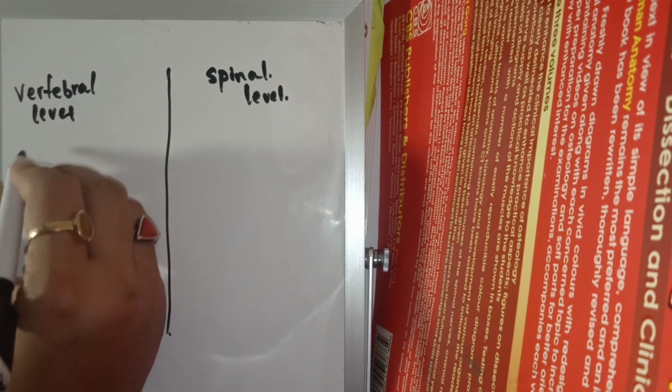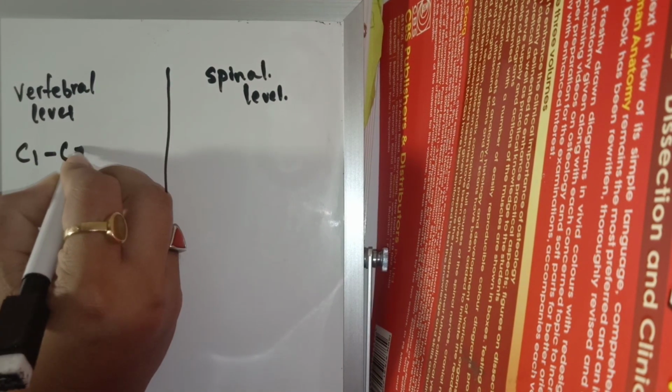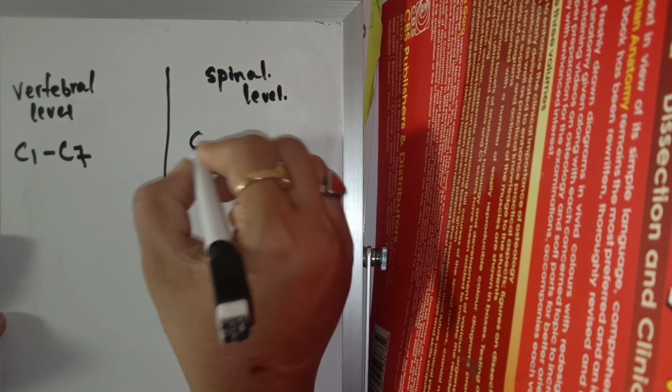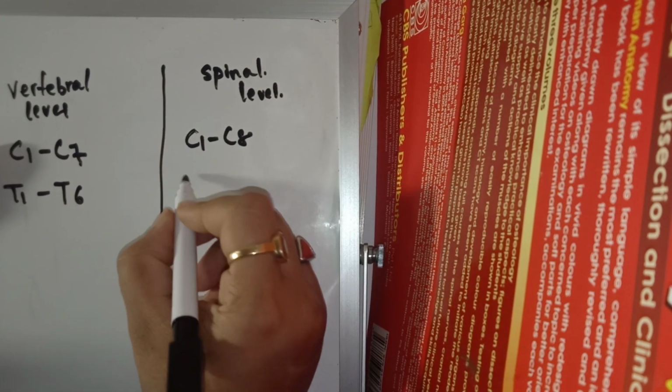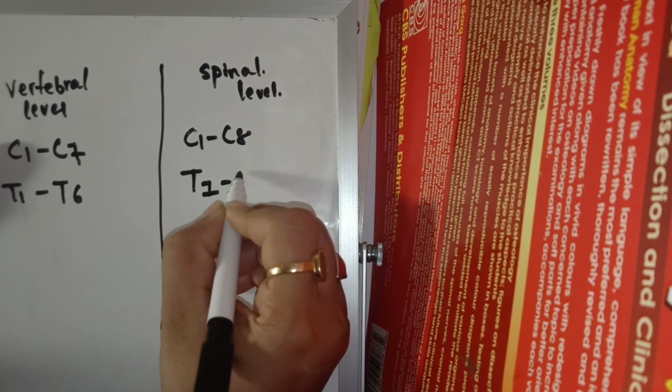Vertebral level is from C1 to C7, but the spinal level is from C1 to C8. Then vertebral thoracic 1 to thoracic 6, and the spinal level will be thoracic 1 to thoracic 8.